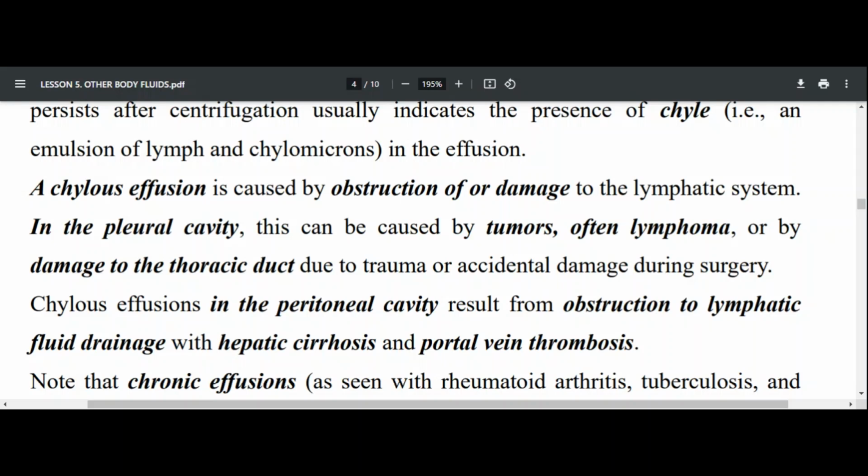A chylous effusion in the peritoneal cavity can also occur as a result of obstruction of lymphatic fluid drainage, with hepatic cirrhosis and portal vein thrombosis. For example, in portal vein thrombosis with obstruction of lymphatic drainage, chylous fluid can accumulate in the peritoneal cavity, and the peritoneal or ascitic fluid is said to be chylous in this incident.